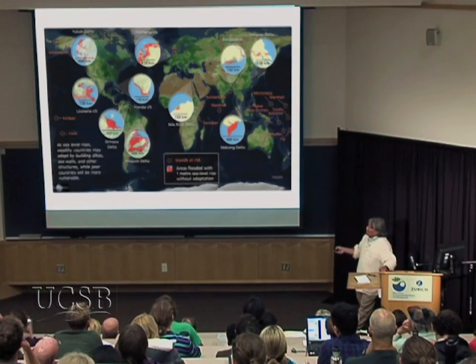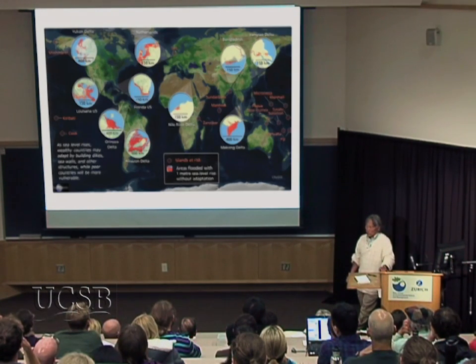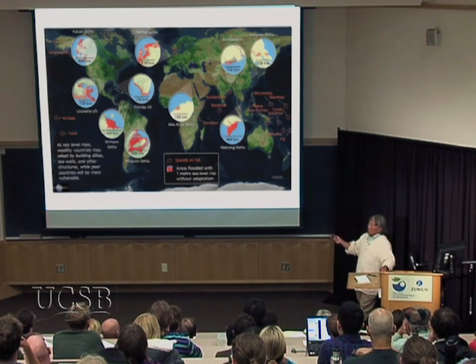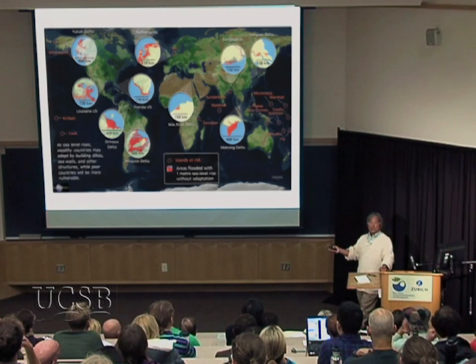So just the impact on various vulnerable populations and the issue of migration, environmental migrants because of these sea level rises is quite remarkable. It's interesting that the country of Guyana, where I was working a couple of years ago on some carbon sequestration work, their capital city, Georgetown, is actually already a meter below sea level, and so it's not going to take much in the way of storm surges.